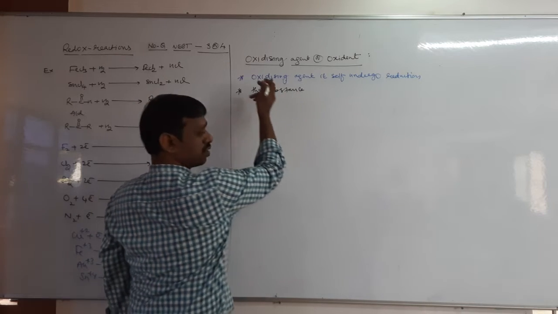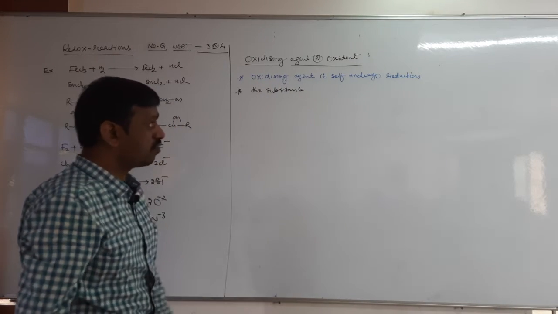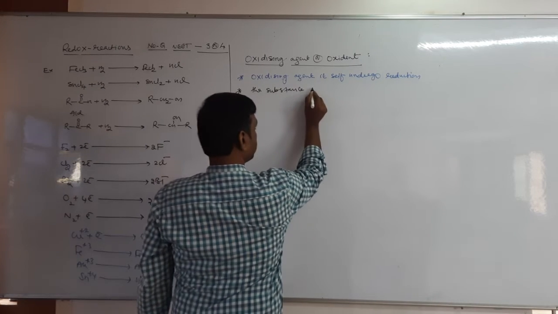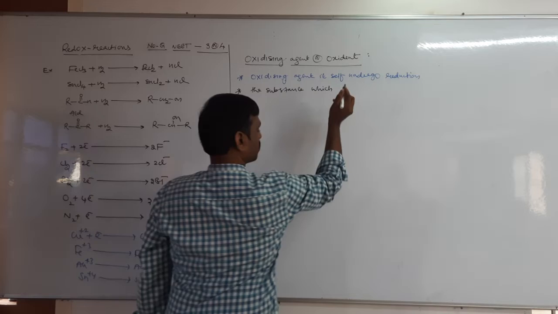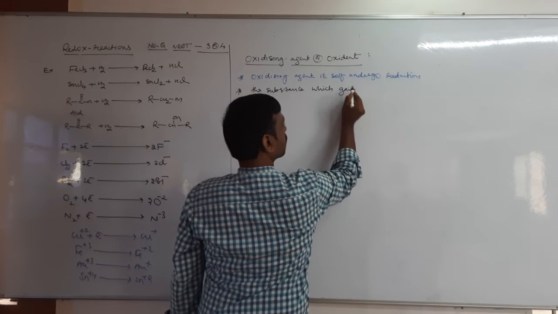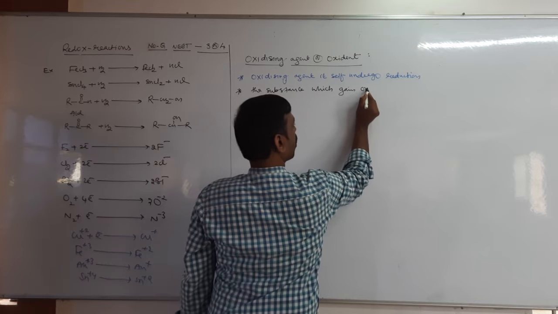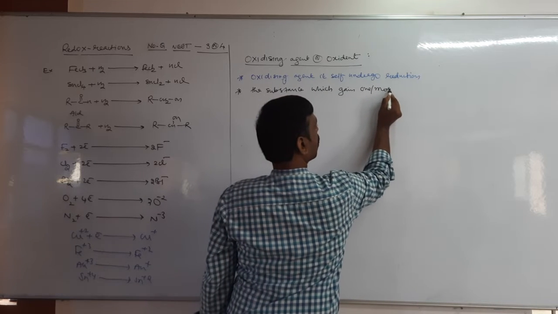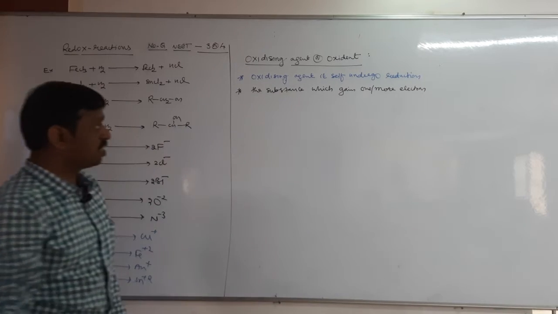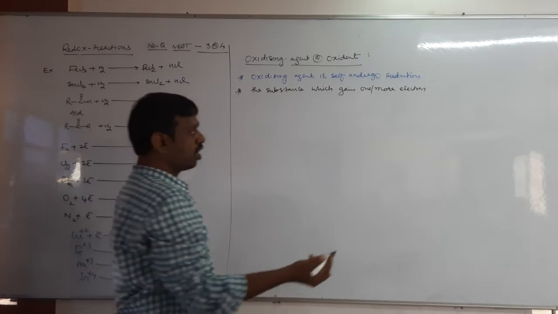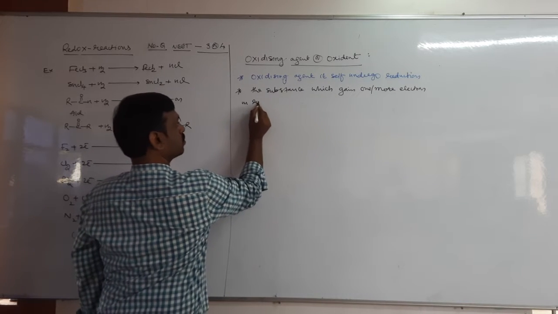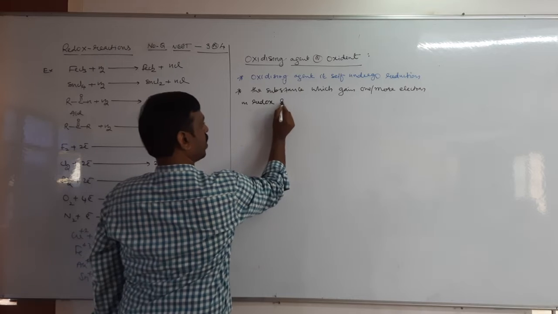So the substance, you take as is, oxidizing agent itself undergoes reduction, first point. Next, the substance which gains one or more electrons. So the species or the substance which gains one or more electron in a redox reaction.